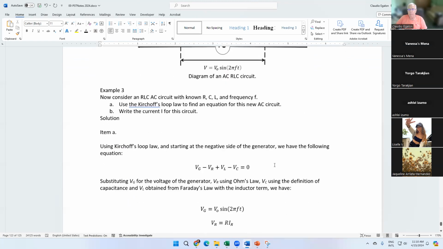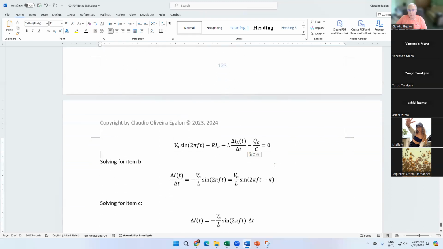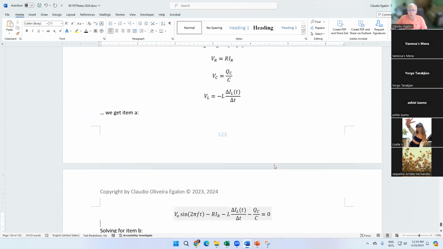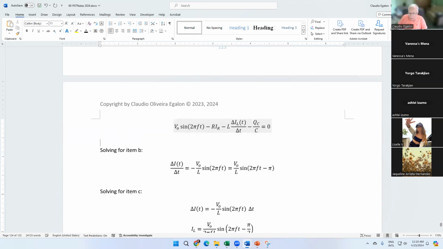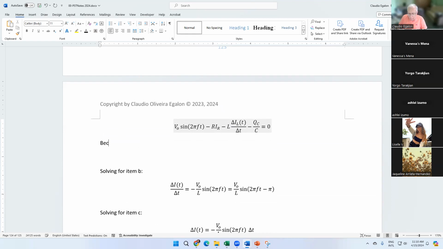Let's write that down. Because all the elements in the circuit are in series, the current through all of them must be the same.